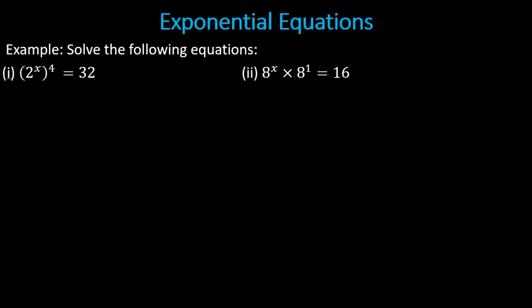So we proceed with this example now. In this example we have first part 2 power x to the power 4 equal to 32. Let us simplify on the left hand side.